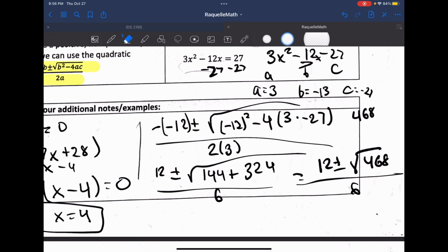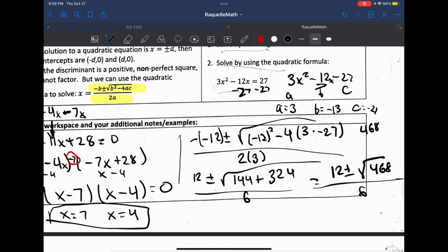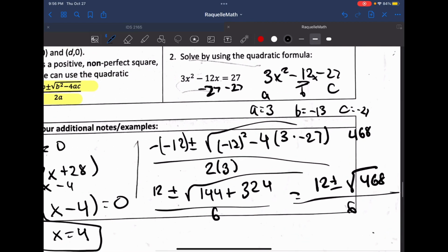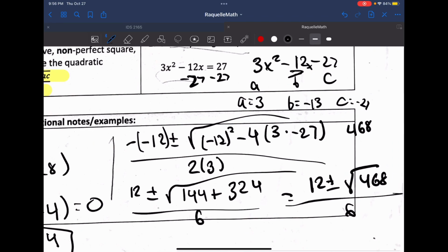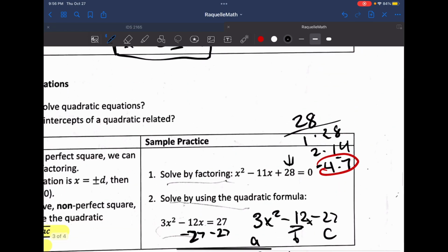So we're looking for the factors of 468 that would give us a perfect square. I'm going to just write out all the factors real quick.